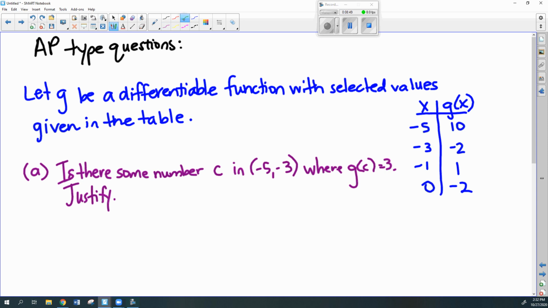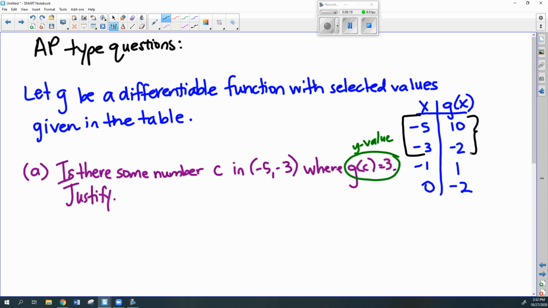So first thing you have to understand is that this is a y value. So it's asking me, is there somewhere between -5 and -3 where the y value would have to equal 3?